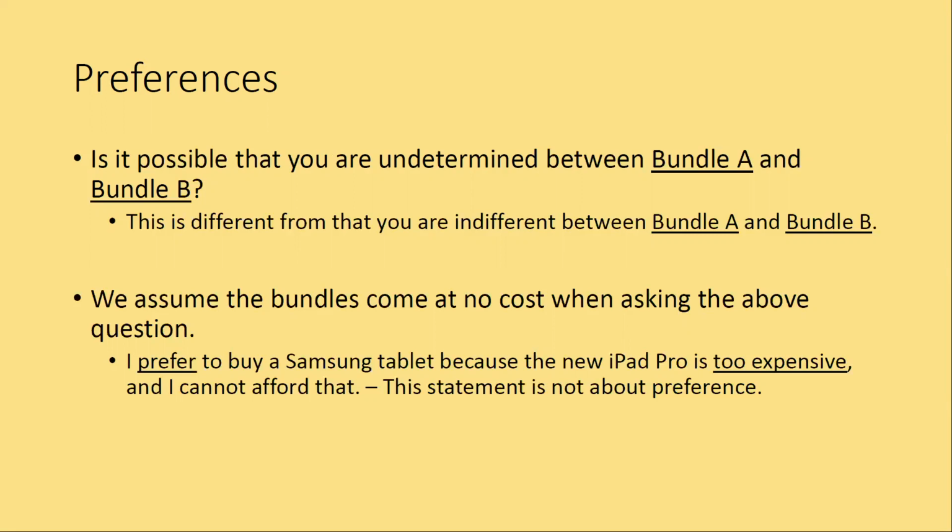That consumer may actually prefer to have an iPad Pro over a Samsung tablet, but she decides to purchase a Samsung tablet because the price of the iPad Pro is too high and it is not affordable to her. This is actually a statement about the result of an optimal choice. For that person, purchasing the iPad Pro is not within her budget constraint, and we will say what is meant by a budget constraint later on. And the best she could do is to purchase a Samsung tablet.